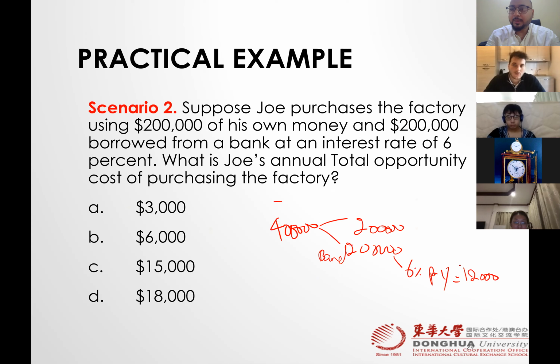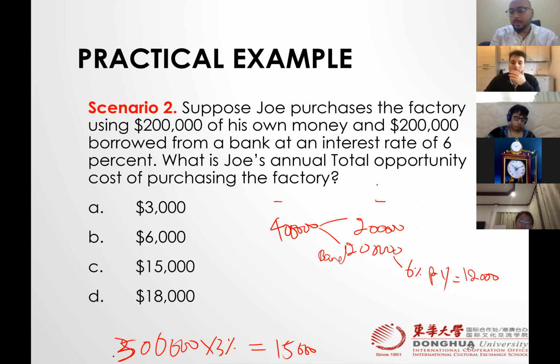So you tell me how much he owns. His own money is $500,000, on which he was earning 3% interest, earning $15,000. Now he set aside $200,000 of his $500,000 and invested it in his own factory.